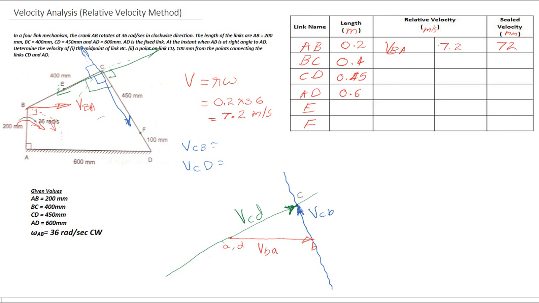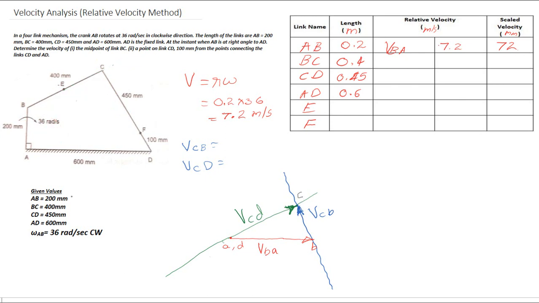Here VCD means the velocity of C with respect to D, that means towards the point C. VBA means the velocity of B with respect to A, and the vector will be pointing towards the point B. VCB means the velocity of C with respect to B, and the vector will be pointing towards the point C.